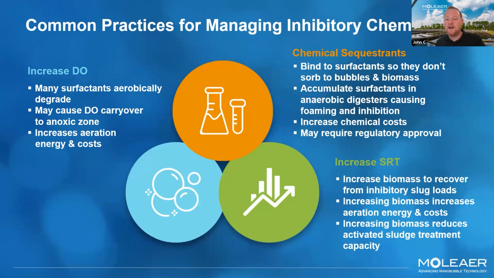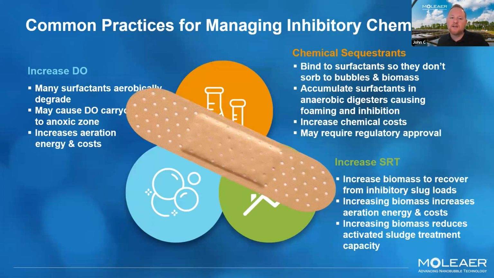But by increasing air, we're increasing our inefficiency. We're also adversely impacting selector zones, anoxic zones, anaerobic zones by DO carryover, and ultimately increasing energy costs. All of these are just a Band-Aid and don't go after the root cause.